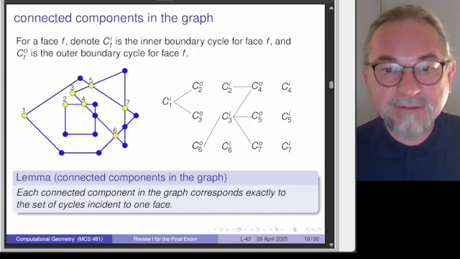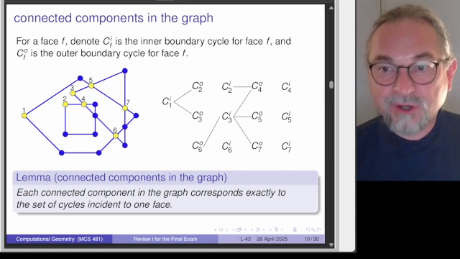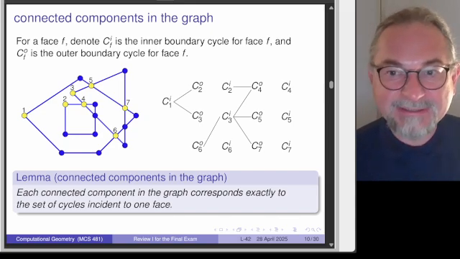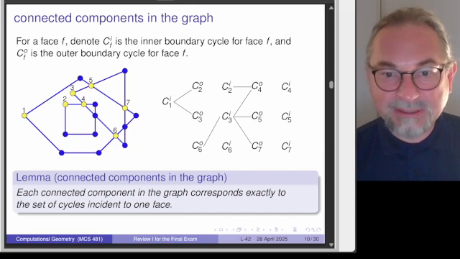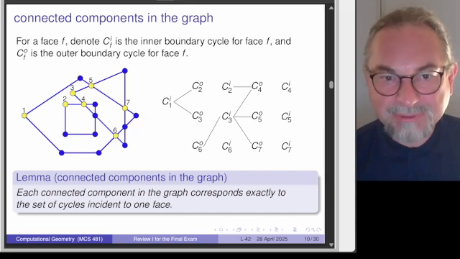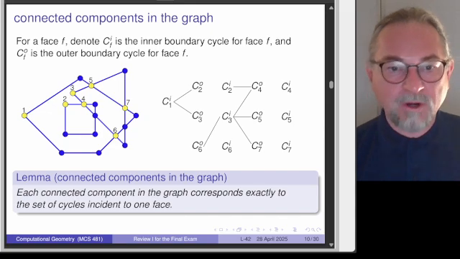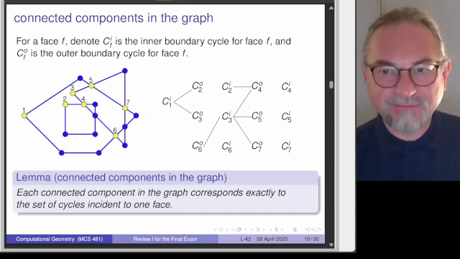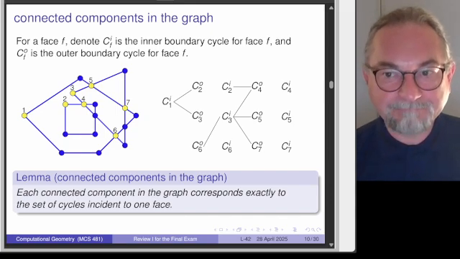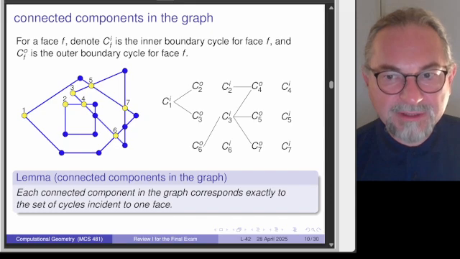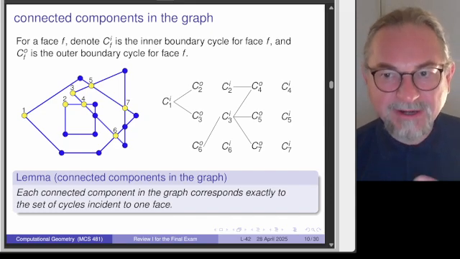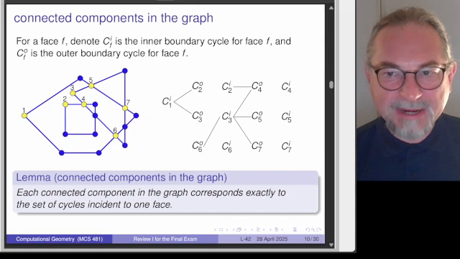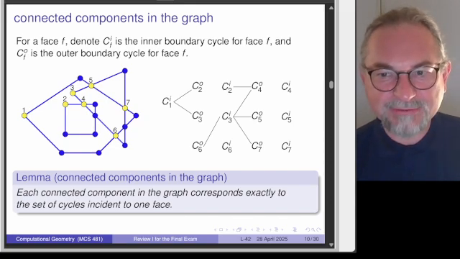The second review question concerns line segment intersection and the overlay of maps. So here is one slide which I've taken from one of the previous lectures to explain the background to the question.